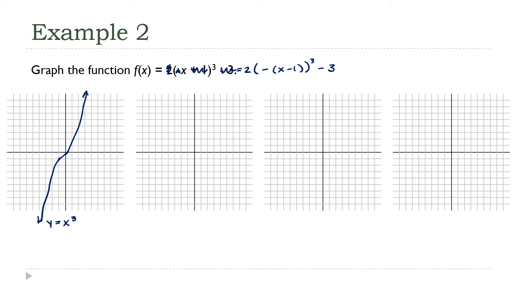All right, now, in what order do we apply these transformations? I'm going to apply them in the order based on what I'm seeing in the original function. I'm going to have to do this on the same graph here, because if I added one more, it would have gotten too small. So I'm going to do y equals negative x cubed.